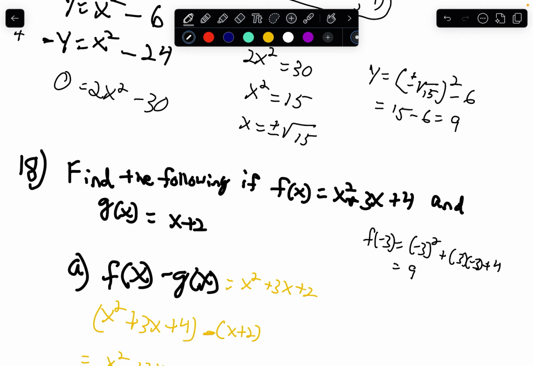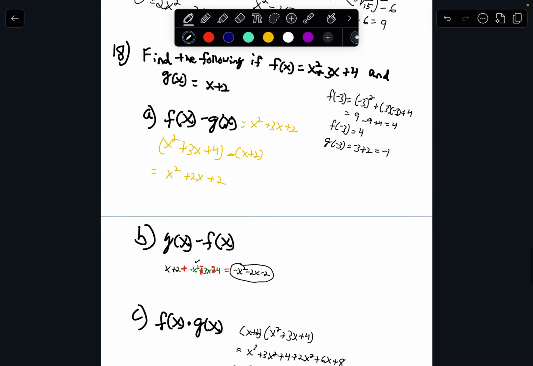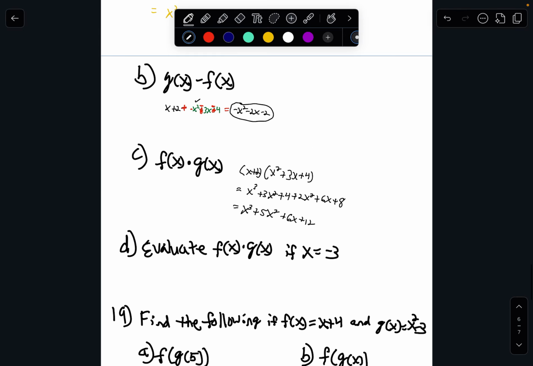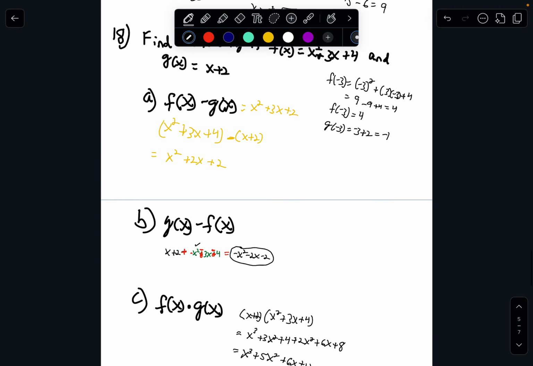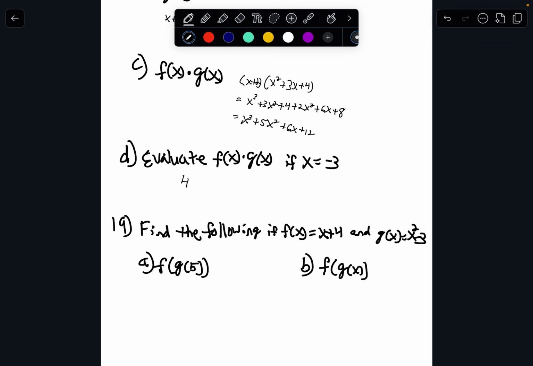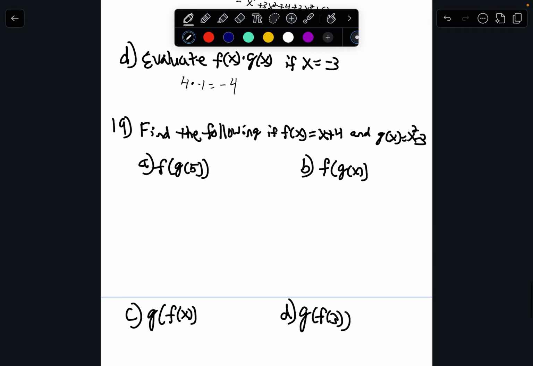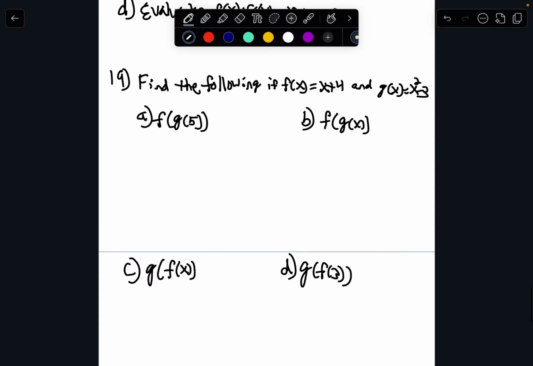So this equals 9 minus 9 plus 4, it equals 4. So we know f of negative 3 equals 4. Then I would go g of negative 3, and we plug that in, and it's negative 3 plus 2, and that's negative 1. Now, since I know that, I can just multiply them. So, right here, that's going to be 4 times negative 1, which is negative 4.